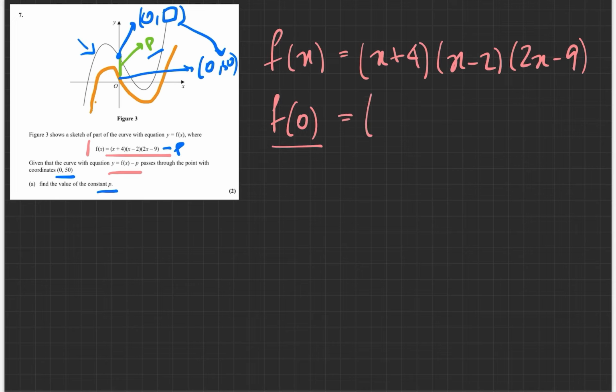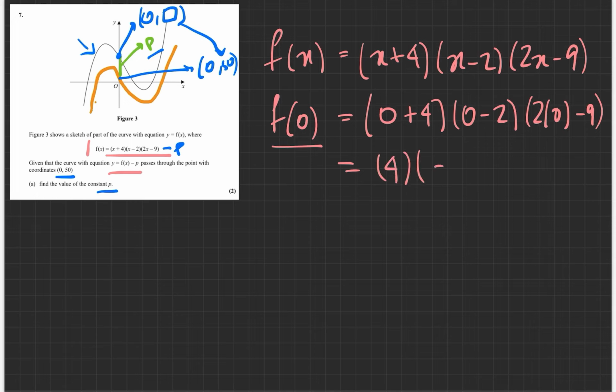I'm going to replace all the x with 0, and write it like that. So 2 times 0 minus 9. And what I'm going to be left with is 4 multiplied by minus 2 multiplied by minus 9. And then minus 9 times 2 times 4 is going to give me 72, right?